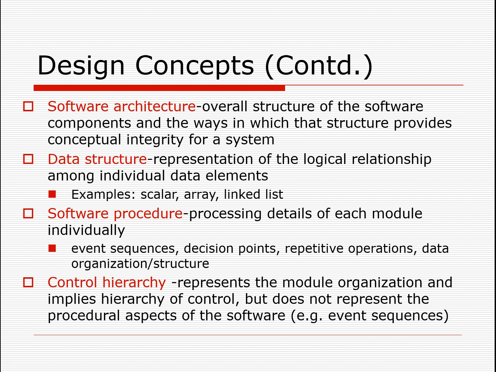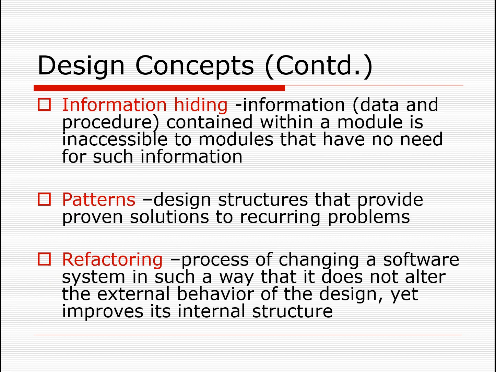Data structure, as you know, is the representation of logical relationships among individual data elements. Software procedures give the processing detail of each module: the event sequence, decision points, repetitive operations, data organization. We also have to consider the control hierarchy, which represents module organization. It implies a hierarchy of control but does not represent the procedural aspects of the software.